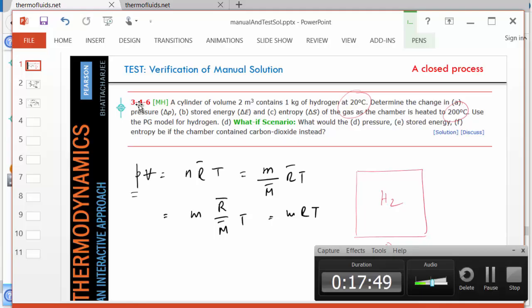So next time when you come back to the chapter, you will know that you have already solved that problem, and you can go solve a different problem. Also, you have seen how you can study a what-if scenario. We just studied one situation, what if hydrogen is changed to carbon dioxide. But you can imagine you can change any variable, and you can do so much more.